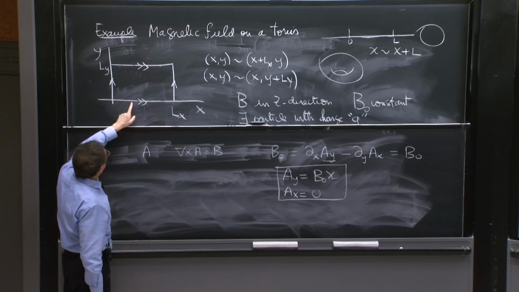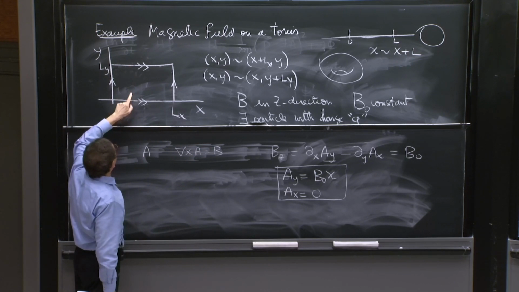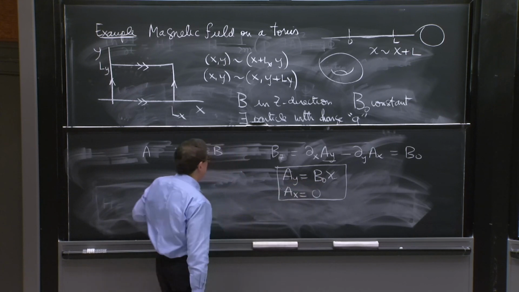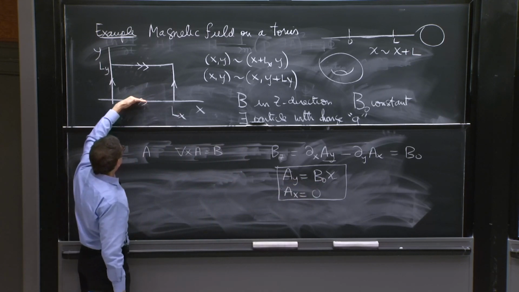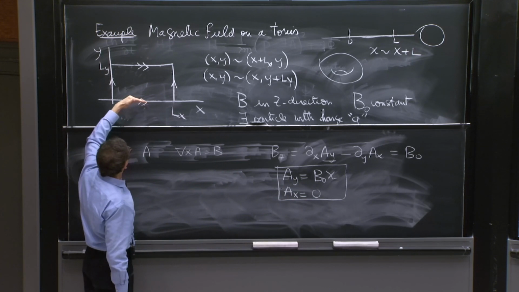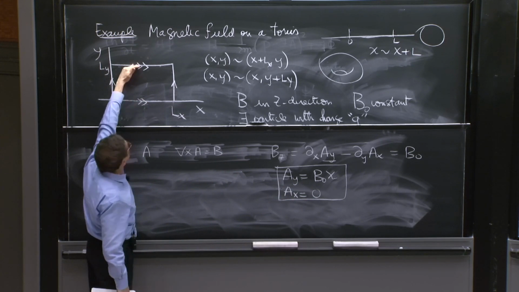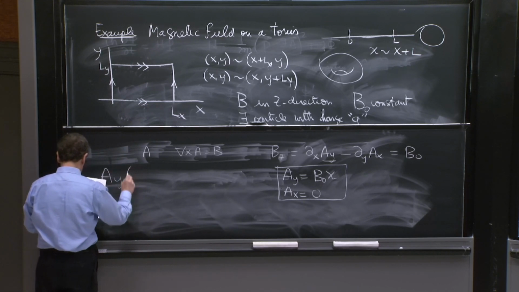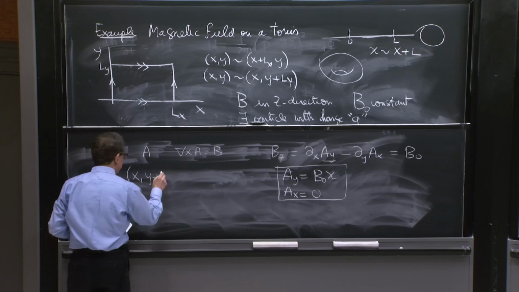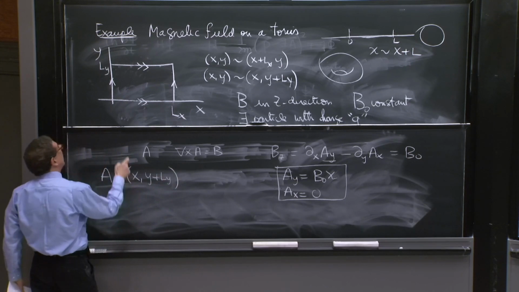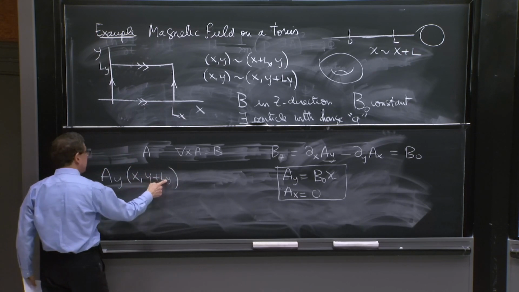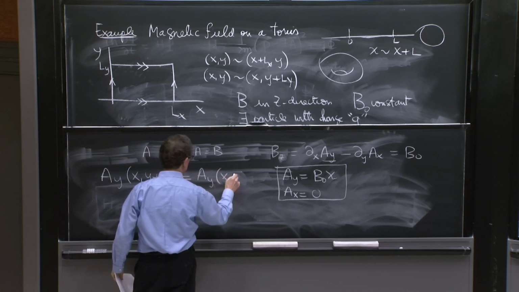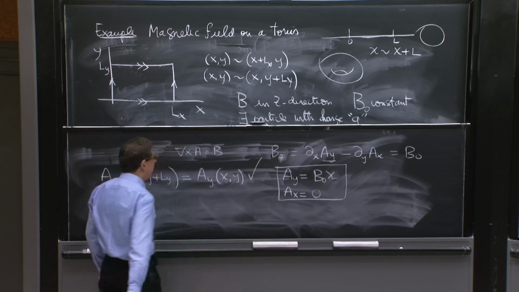But, okay, this point and this point differ by y, and this vector potential doesn't depend on y, so phew, that's good. A is well defined because it has the same value anywhere here as anywhere there, so I can write it as A_y of (x, y plus Ly) is the same thing as A_y of (x, y). So that's very good.